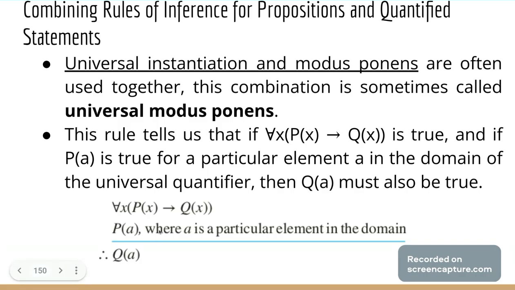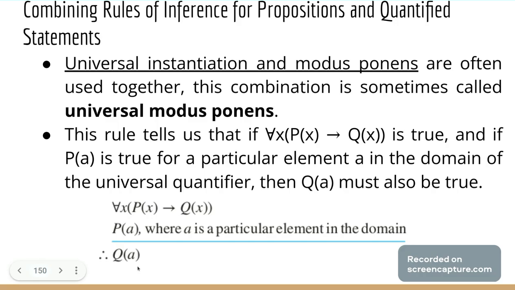If you have for all x, Px implies Qx, and P of a, this is a universal instantiation, and P implies Q is the form that is used for modus ponens. So combining modus ponens and universal instantiation, we can conclude that Q of a, the instance, is true. This is universal modus ponens.